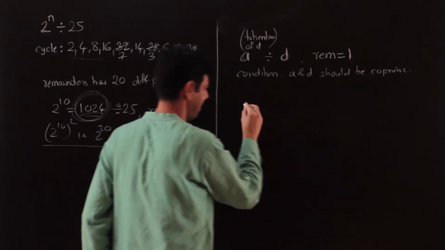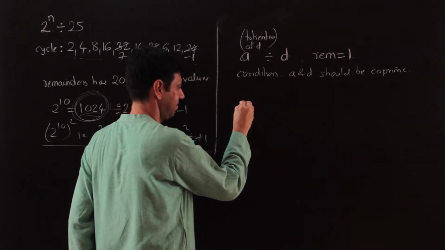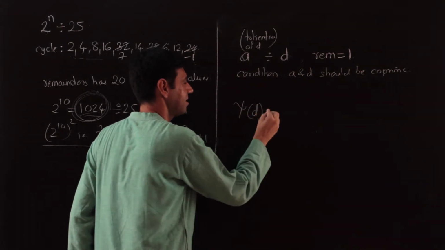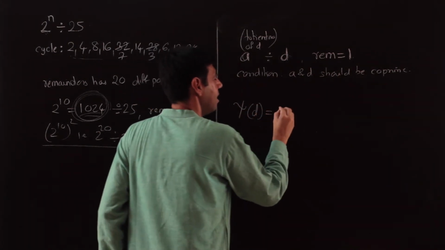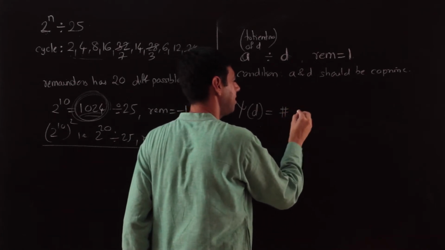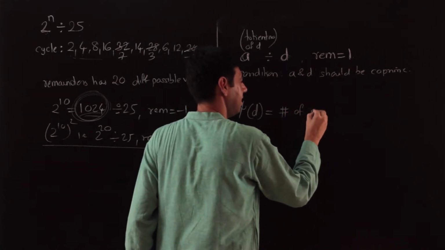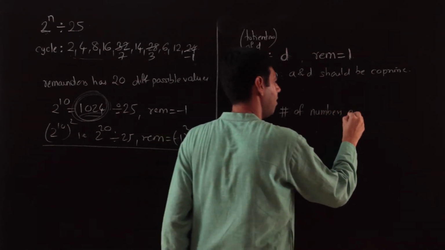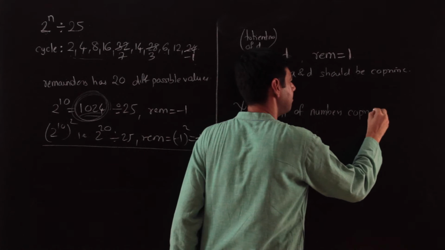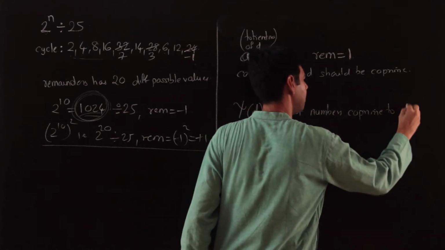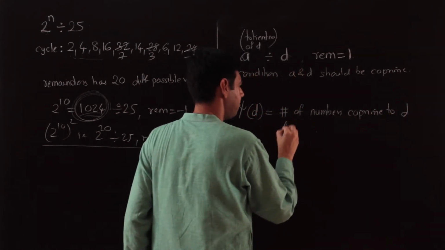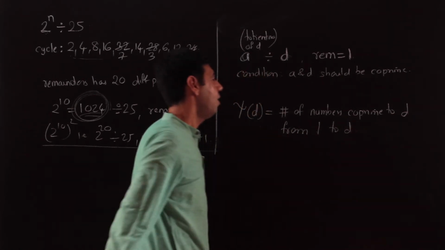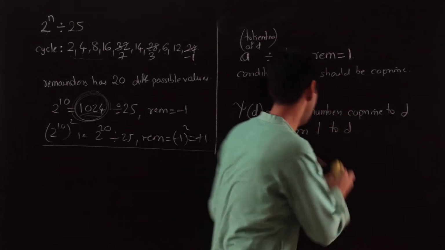We are going very far away from what we intend to learn. The totient number is finding the number of numbers co-prime to d from 1 to d, or less than d.